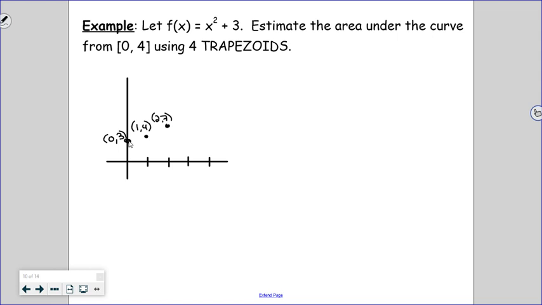Let's see, 3 squared is 9 plus 3 is 12. And the last point in our interval is 4 squared is 16 plus 3 is 19. So there's an approximate picture of our function on the interval from 0 to 4.